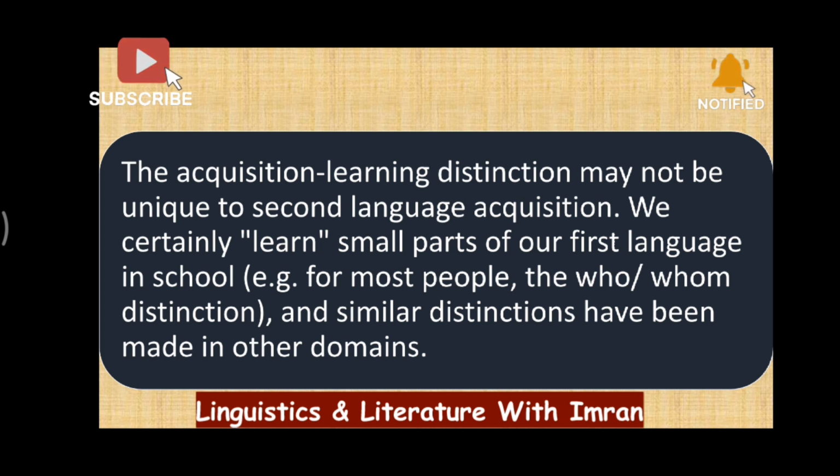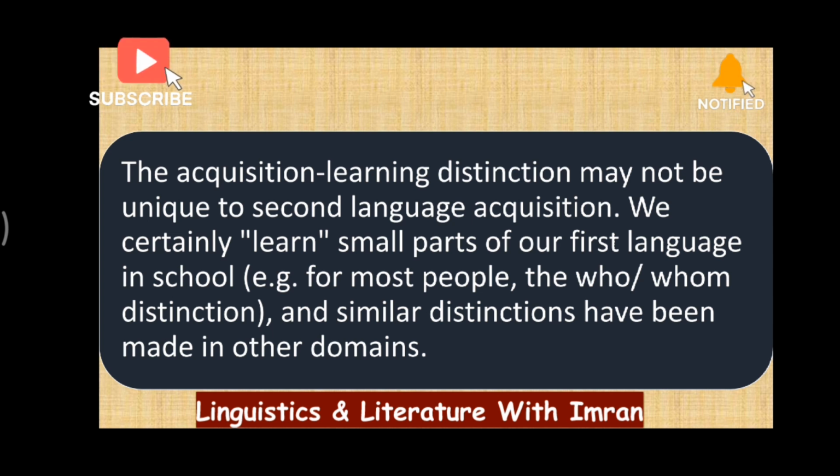If you are acquiring a language, some of the things will be there that you will learn. For example, take your children. When they are acquiring their first language, some part of their first language they will learn in school through proper instruction given by the teacher or by the parents at home.